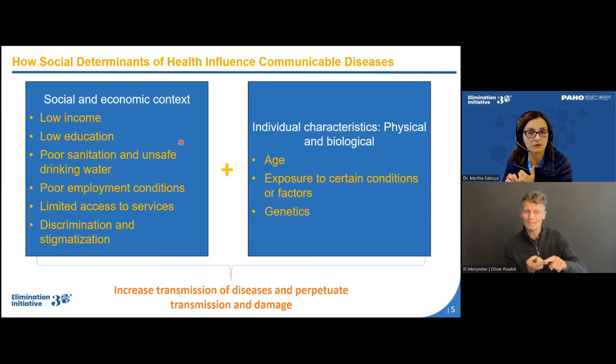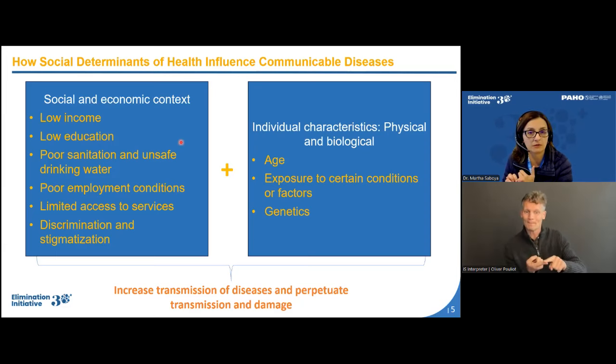So all of us know that communicable diseases are intimately related to this list of social and economic context determinants: low income, low education, insufficient or sometimes absent services such as health, education, water, and sanitation. And we have additional problems in some specific populations, such as discrimination and stigmatization.